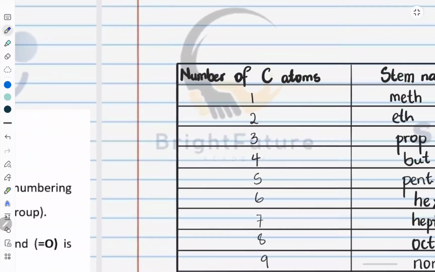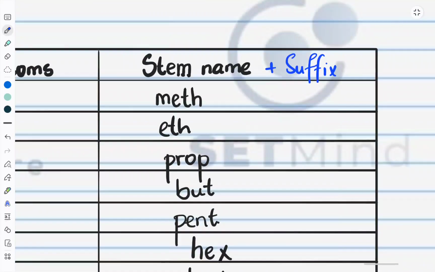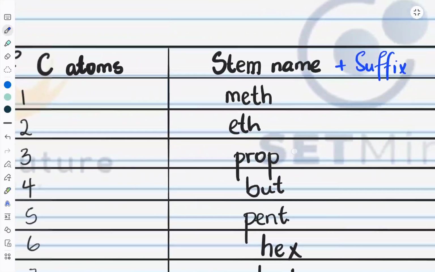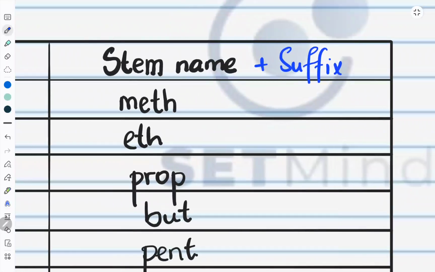So when we are naming the parent chain of ketones, or in the final IUPAC name, we have to add the suffix in the stem name, right? So we would use ONE. So this will be methanol, right? So obviously we don't just add the ONE to the meth.